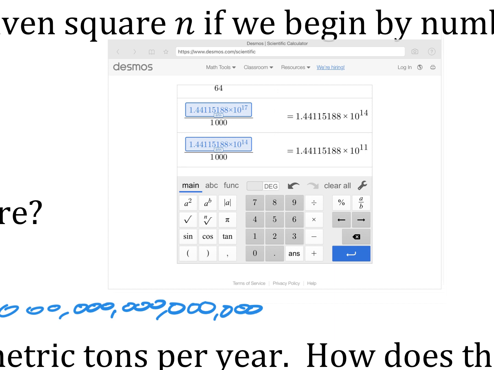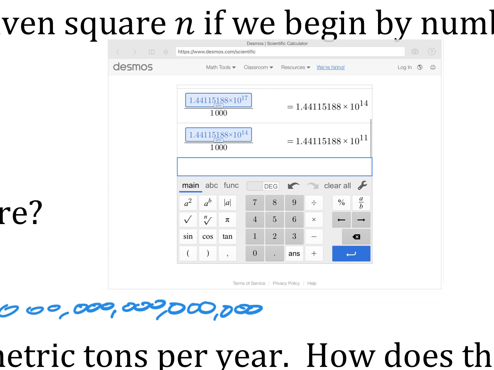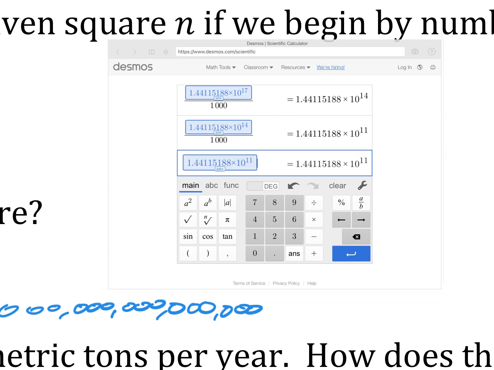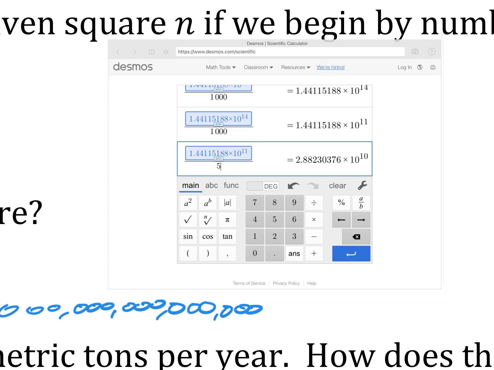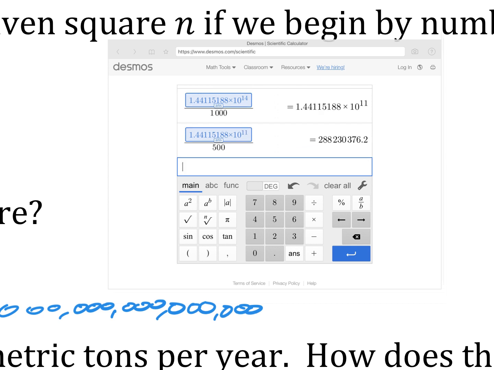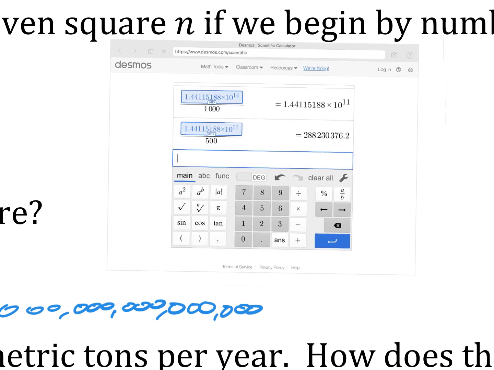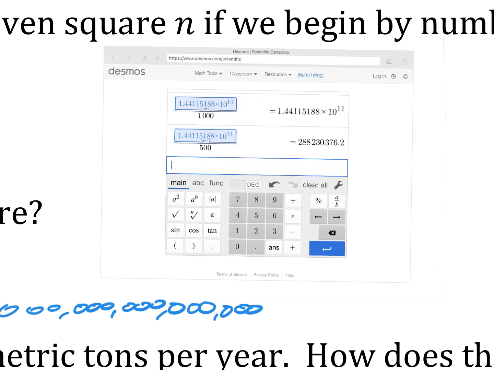All right. And the world production right now is about 500 kilograms. I'm sorry, 500 metric tons per year. So this is how many years it would take. It would take over 288 million years at our current production.